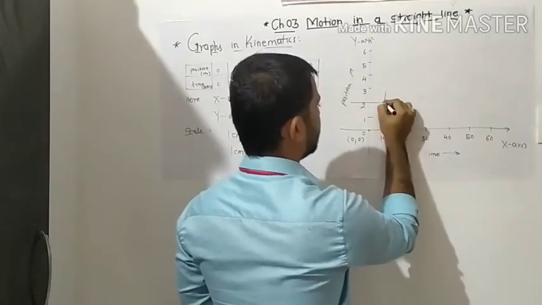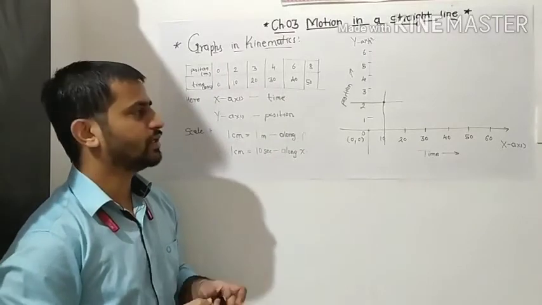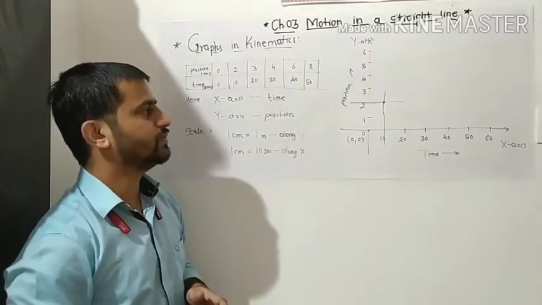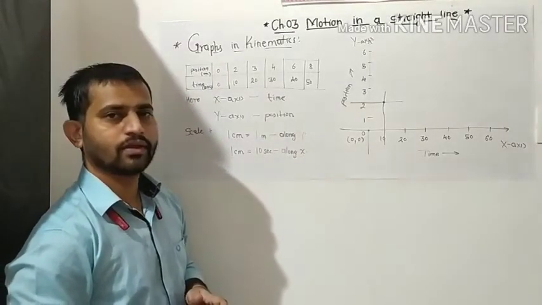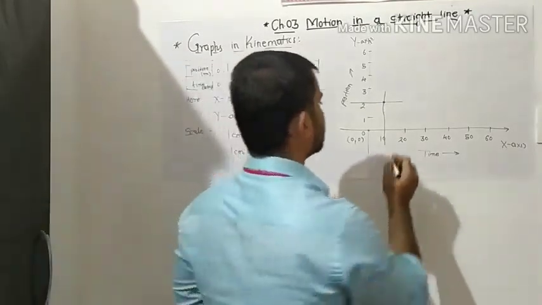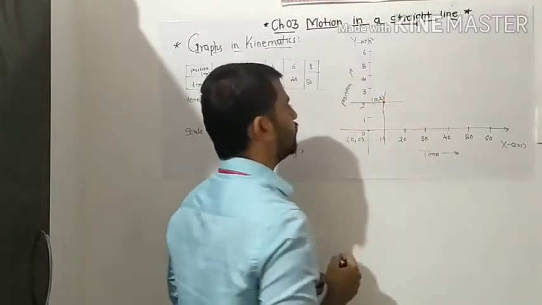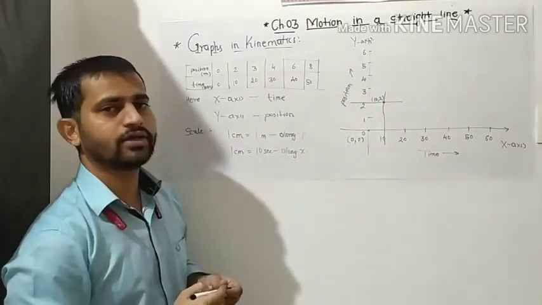Then we get one meeting point here, which shows the first point of that coordinate. Give the coordinates as 10 and 2.